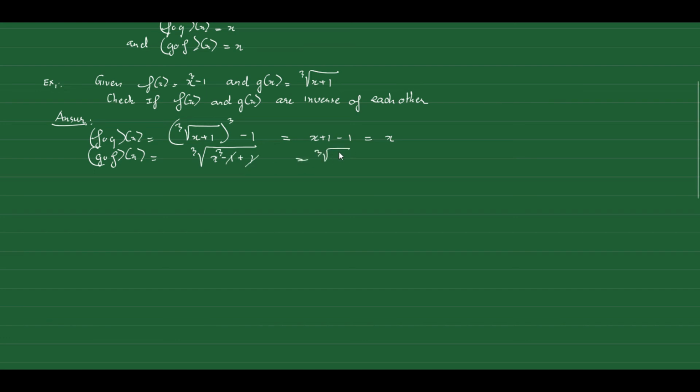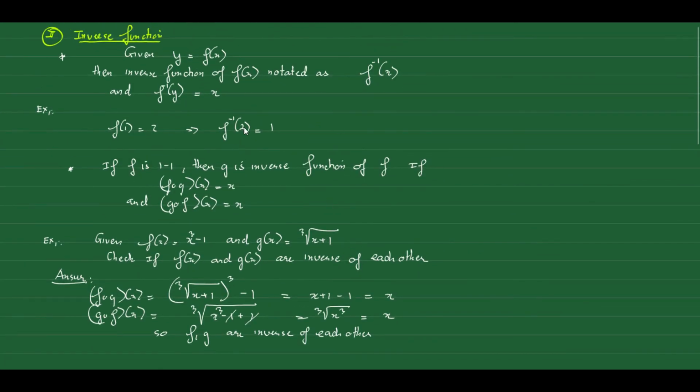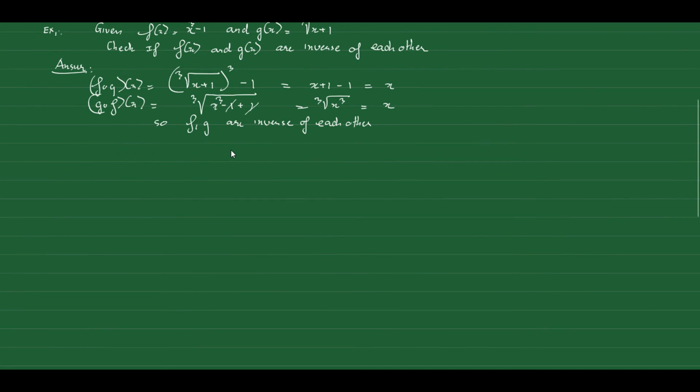I have the cube root of x raised to the third, which is x. So it turned out to be x, so we can conclude f and g are inverses of each other.